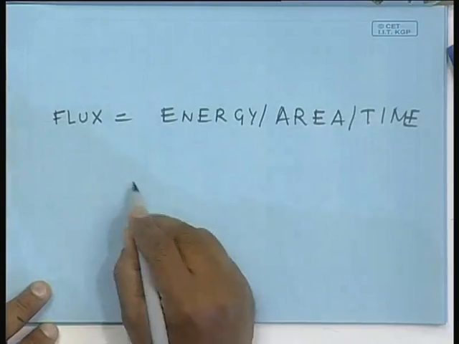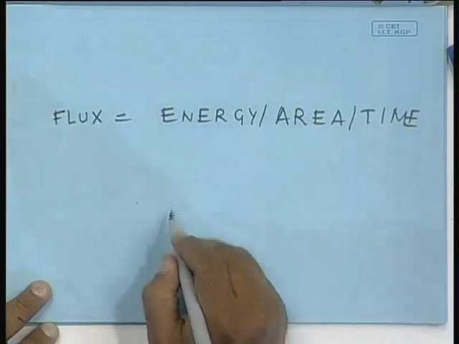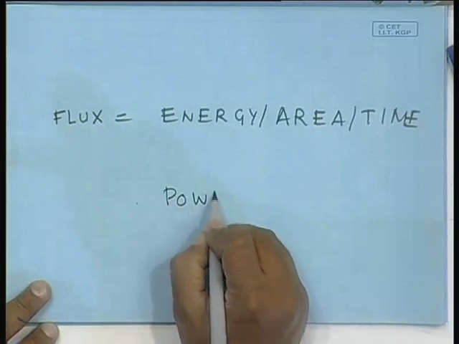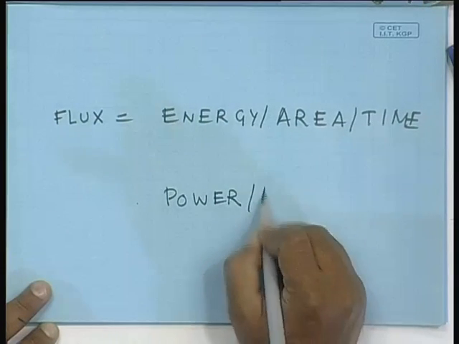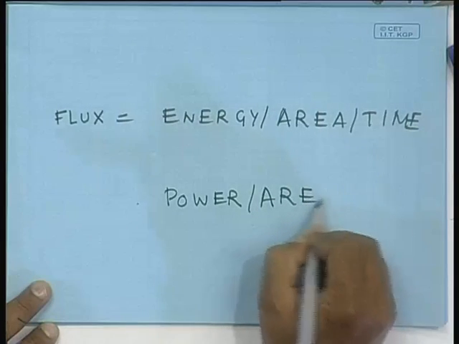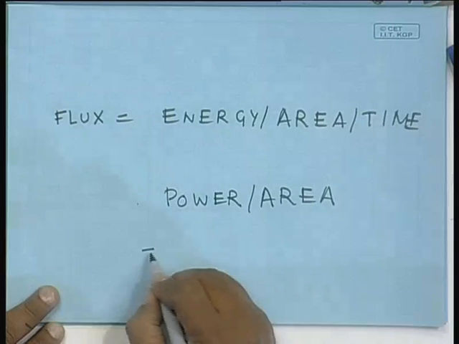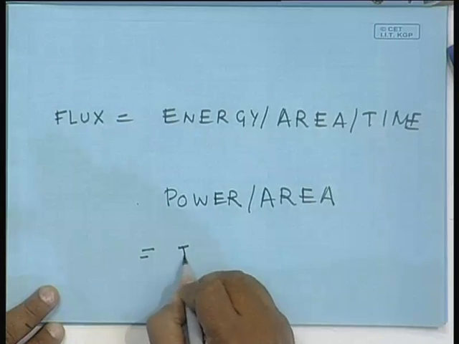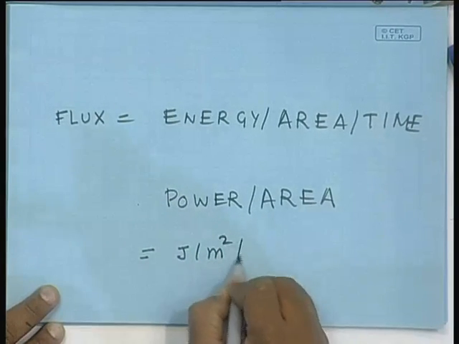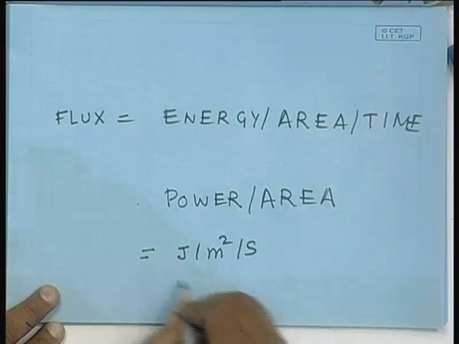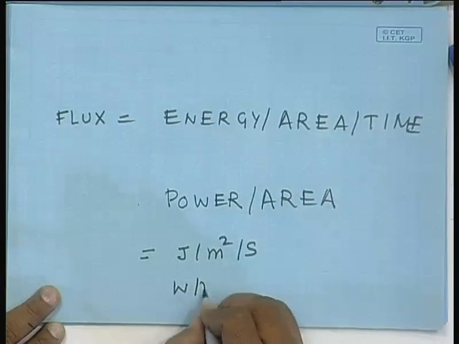So, the amount of energy per unit area of the detector per second, and energy per unit time is power. You can think of it as power which crosses per unit area, and this has got units of joules per meter square per second, or you can also say that it has got units of watt per meter square.